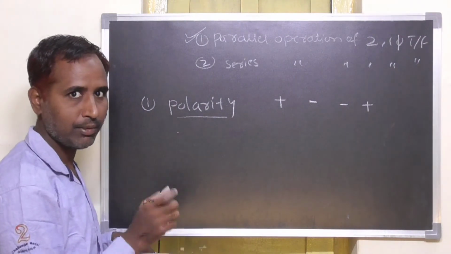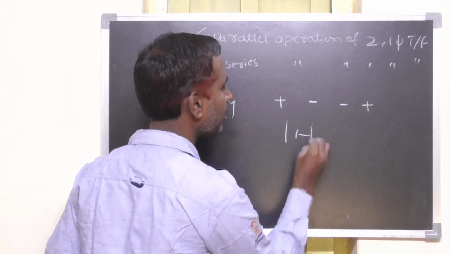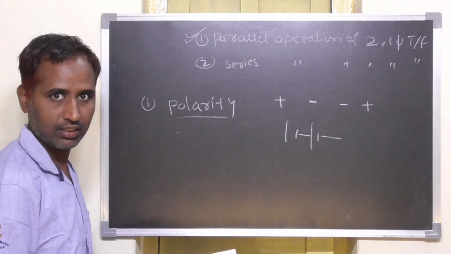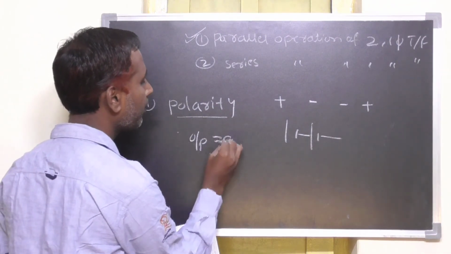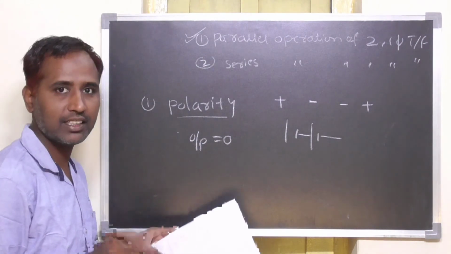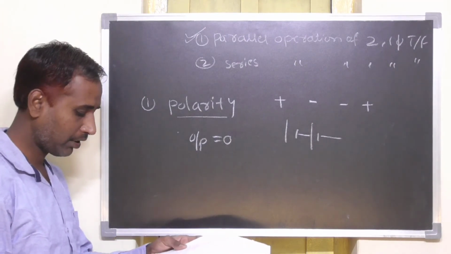Polarity must be the same. Suppose this is plus, this is minus, this is plus, this is minus, like this. If it is reversed, if the polarity is reversed, then the output voltage is 0. While connecting transformers in series, we should be careful about the polarity. Friends, this point is completed.